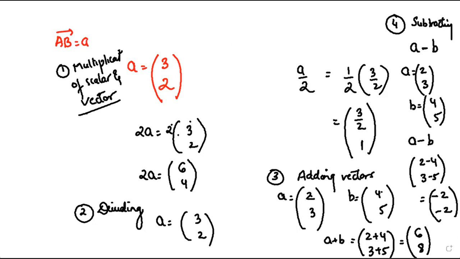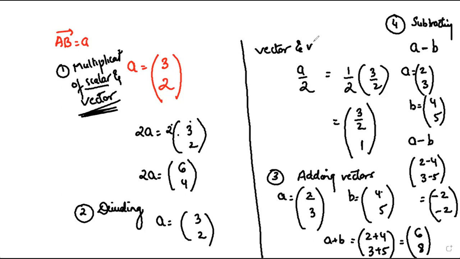So only these four things we have to keep in mind. Multiplication, dividing, that is scalar and vector. And these are vectors and vectors. You are adding and subtracting vectors and vectors. Now just quickly take the screenshot of this.